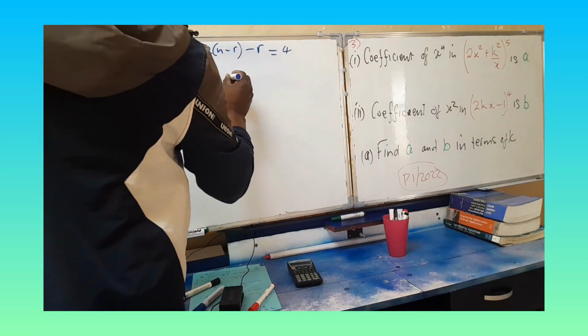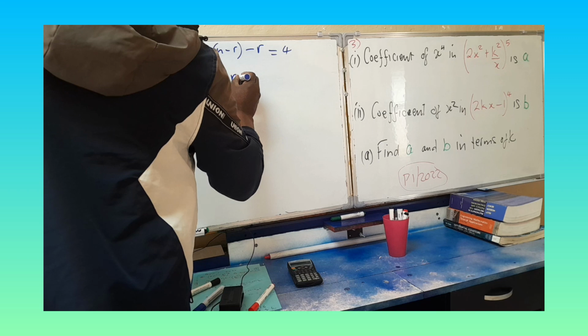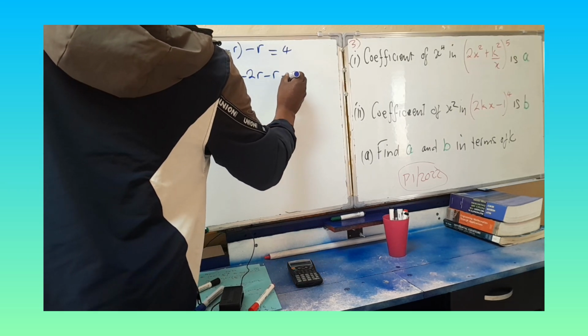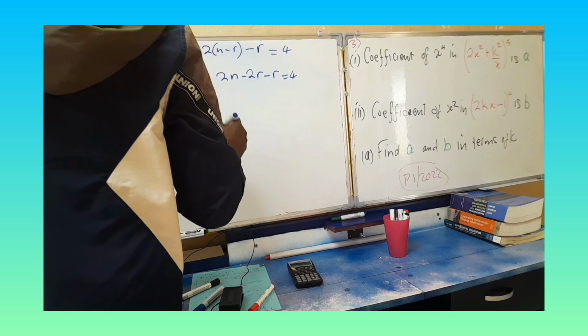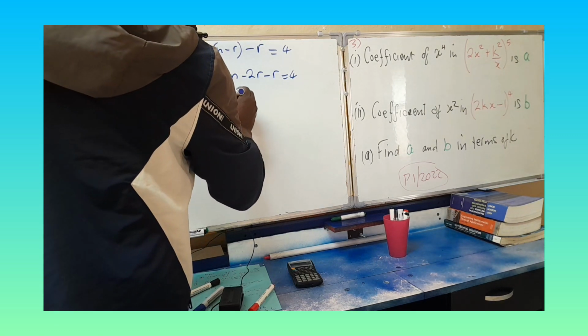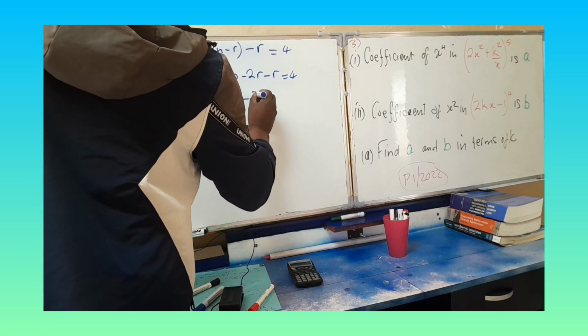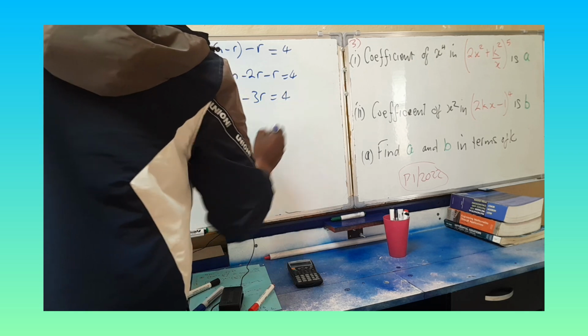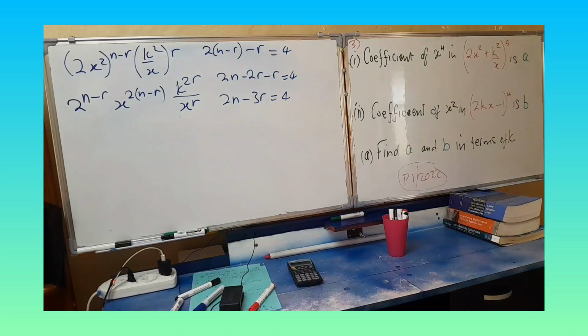Simplifying, removing the bracket, we have 2n minus 2r minus r is equal to 4. 2n minus 3r is equal to 4. But what is n? n is 5.